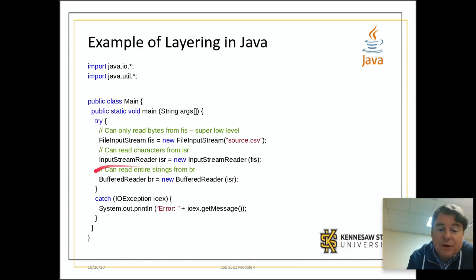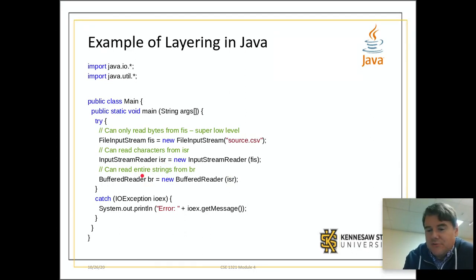And now we might want to layer on top of that again so that we can read an entire string. This one is called buffered reader, and we would take in a new buffered reader. And again, that one takes the previous one as its parameter and gives you a BR. Once you have a BR, you can actually just read from it.